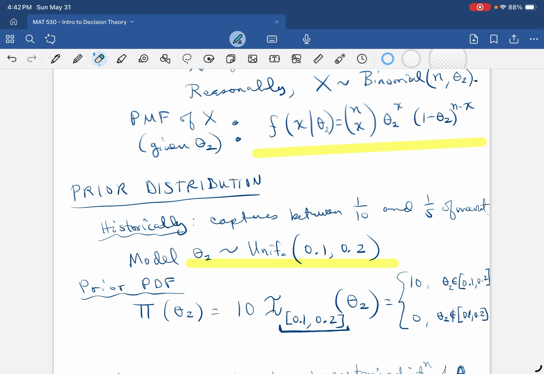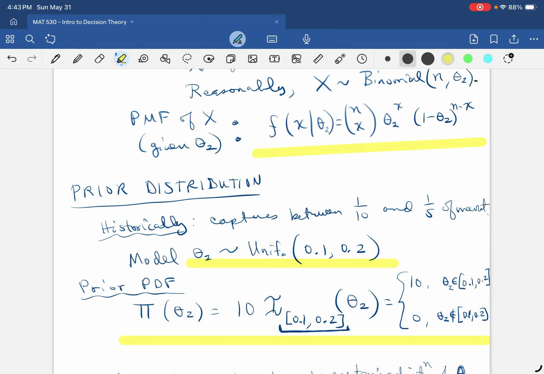Okay, so if we go with theta 2 being a uniform distribution, then that leads us to what you see here. Remember that since this is a valid distribution, we've got to be able to integrate under the curve, and essentially the curve on that interval from 0.1 to 0.2 is just a horizontal line. We just have to figure out how tall it needs to be, and of course in order to ensure that the area under the curve, essentially the area of that rectangle, is 1, it's got to be a height of 10.